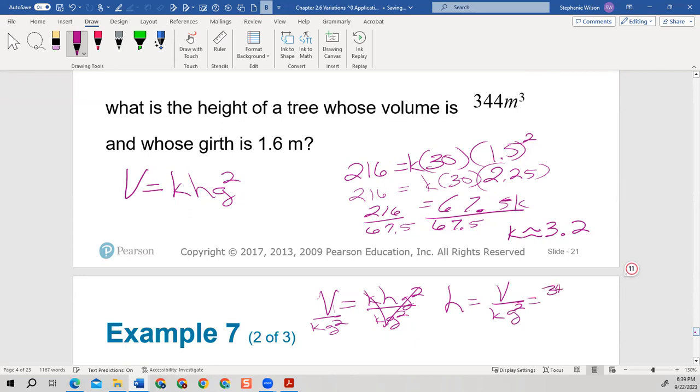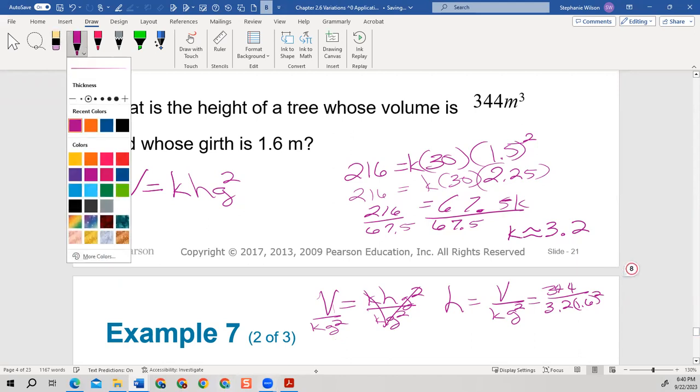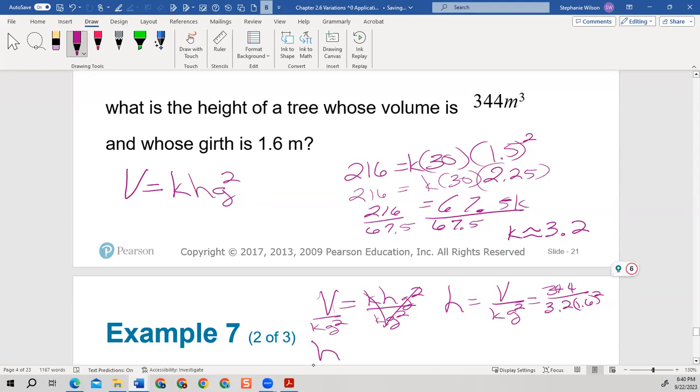We got 344 for the volume. k is 3.2 times my girth, which is 1.6 squared. So now I am going to erase this right quick. I'm going to solve this. I got H is equal to 344 divided by 3.2 times that 1.6 squared.